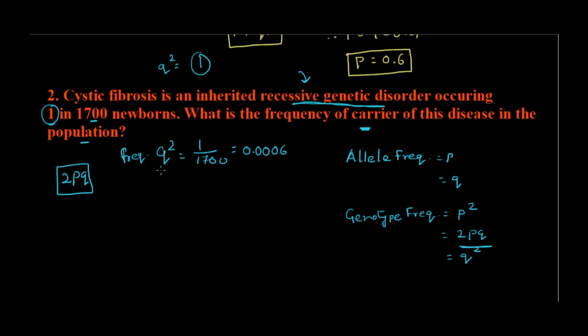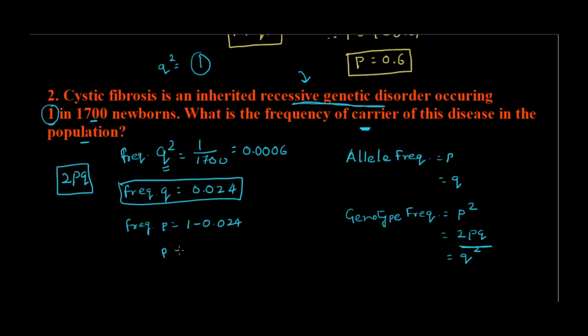Alright, so if I want the frequency of q, simply take the square root, 0.024. So I got the frequency of q. I can now easily find the frequency of p. So frequency of p should be 1 minus 0.024. So that equals 0.976.